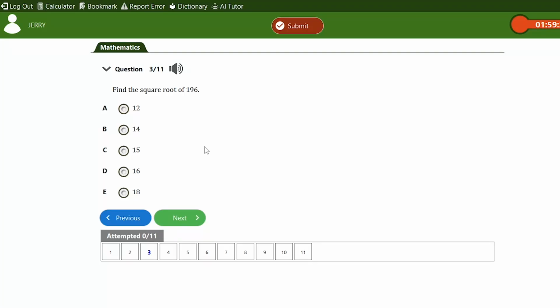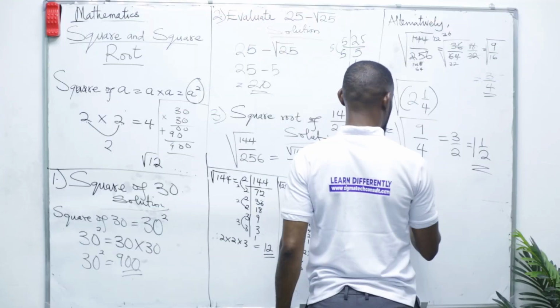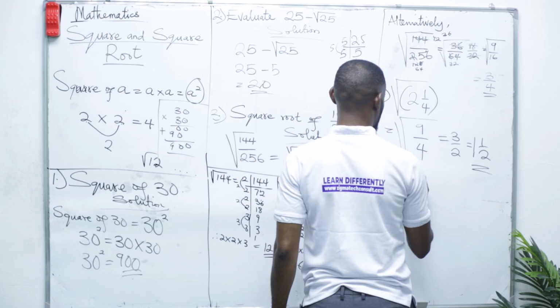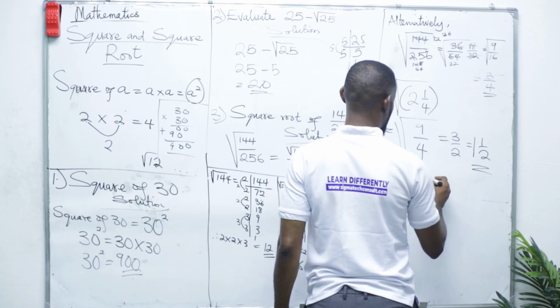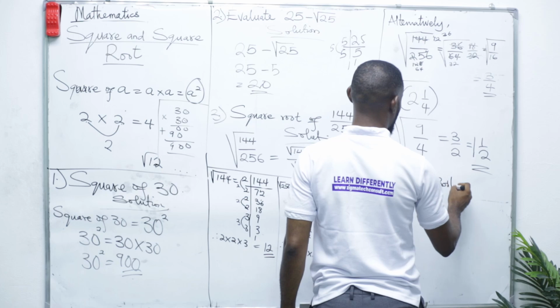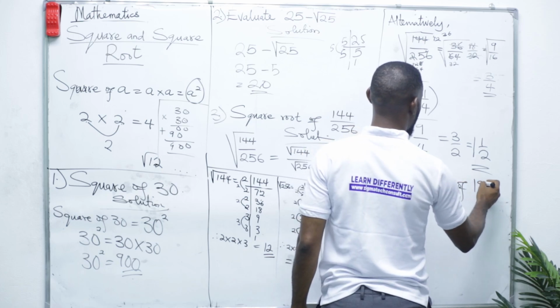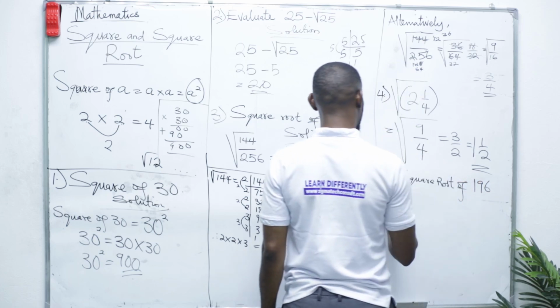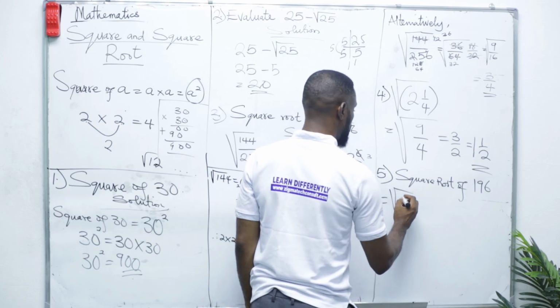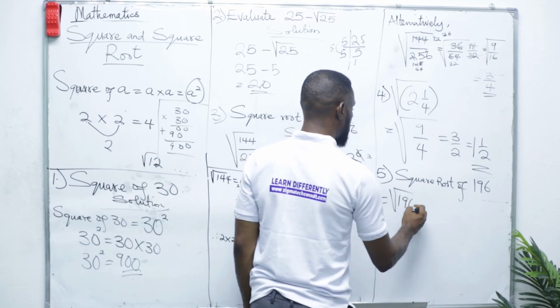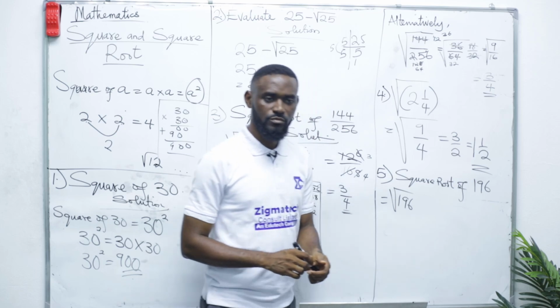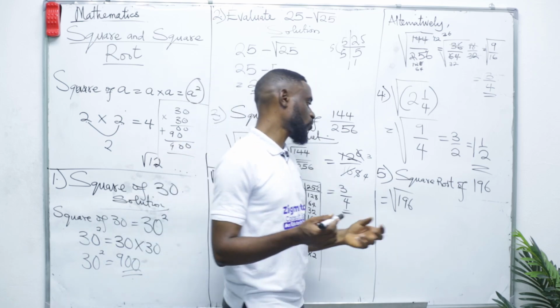It says find the square root of 196. So we want to look at the square root of 196. Mathematically, this is denoted as the square root of 196. All right, so what do we do?